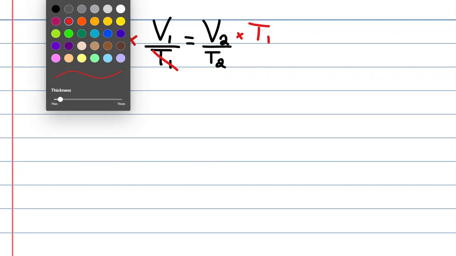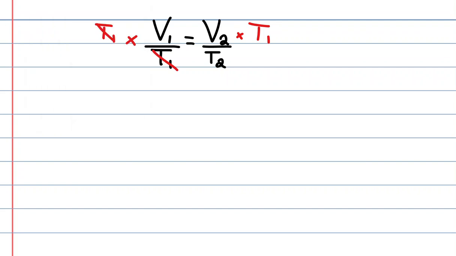We're going to do the exact same thing, but for T2 now. If we want to get rid of T2, we're going to multiply the right-hand side by T2, and we're going to multiply the left-hand side by T2. T2 and T2 cancel, and you essentially have T1 moved up here and T2 moved up here.